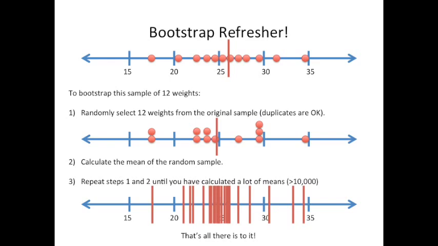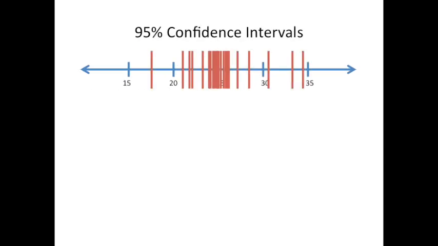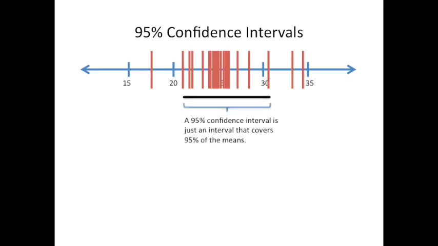Now let's talk about confidence intervals. Usually when you see a confidence interval out in the wild, it's called a 95% confidence interval. A 95% confidence interval is just an interval that covers 95% of the means. So here we have a black bar that spans 95% of the bootstrapped means that we just calculated.